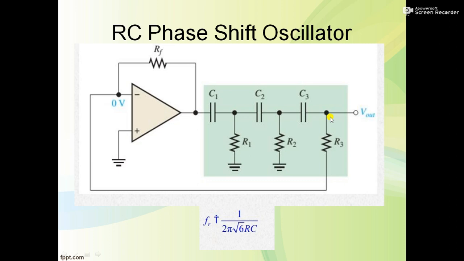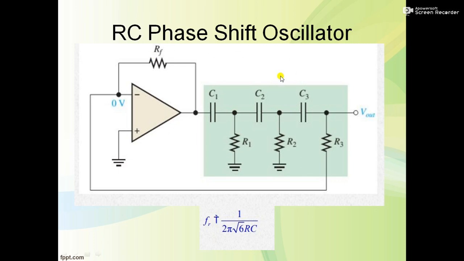After that, this signal is applied to the second part of the circuit, the feedback network. Each RC path, C1 R1, C2 R2, C3 R3, each RC network provides a 60 degree phase shift.